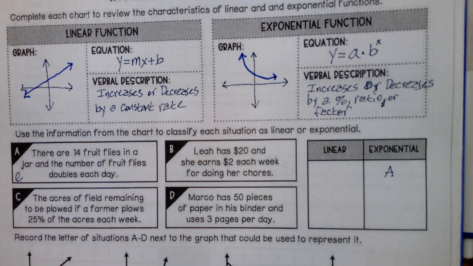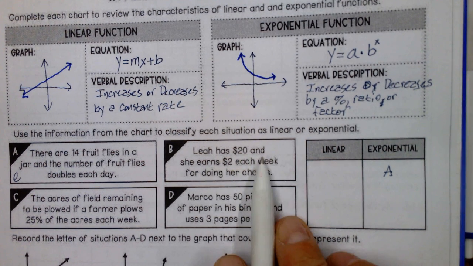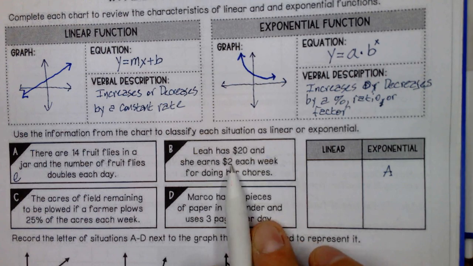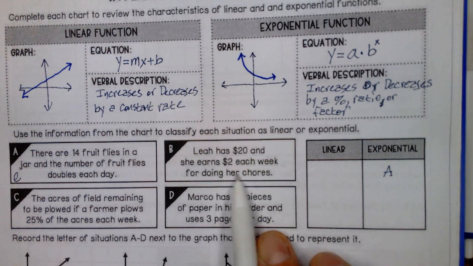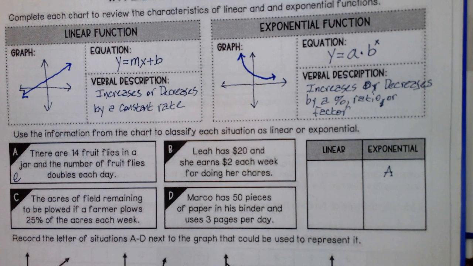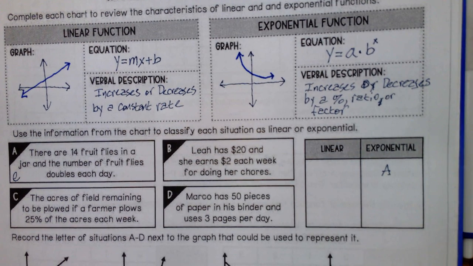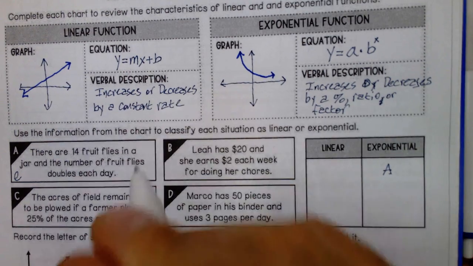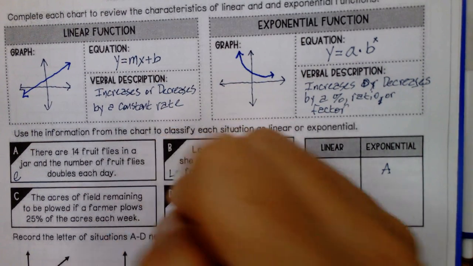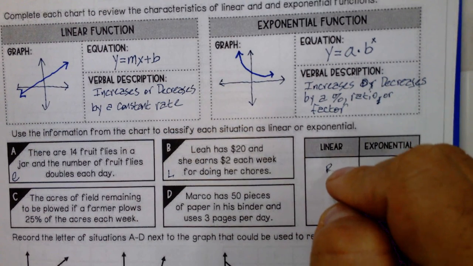Let's move on to B. So Leah has $20 and she earns $2 each week for doing her chores. Yeah, that's linear. You have an initial amount of $20 and then there's a constant rate. So this would be linear. So that would be here.